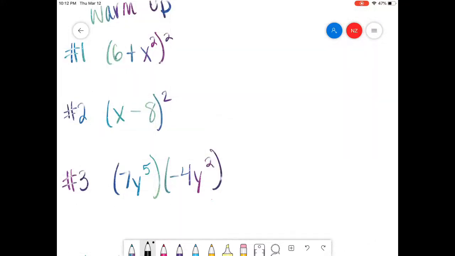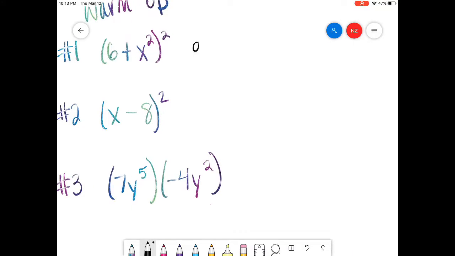So in number 1, I have (6 plus x squared) squared. If you remember from the previous lesson, this is a special product rule. If I remember that rule, I would know that anything that resembles (a plus b) squared is the same thing as doing a squared plus 2ab plus b squared.